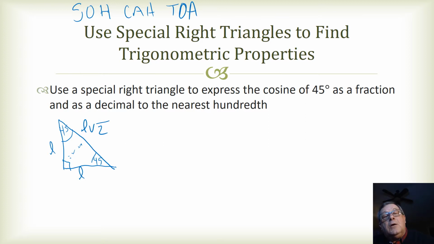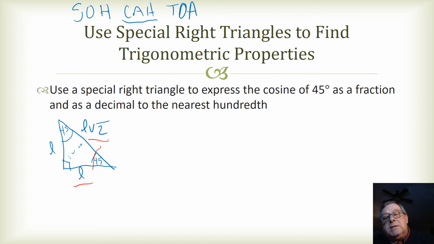Now, we've got to find the cosine. And the cosine is the adjacent over the hypotenuse. So let's say we're talking about this angle here. Well, this is going to be the adjacent side, and we've already identified that that is the hypotenuse.